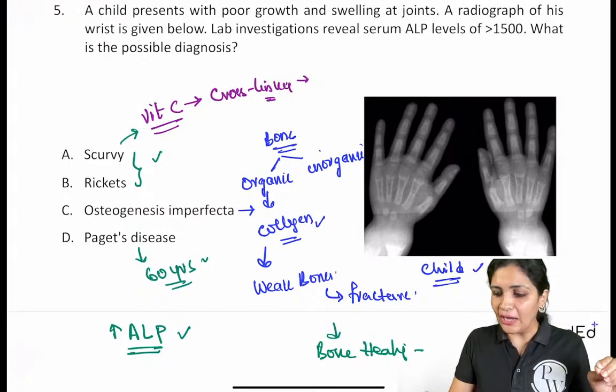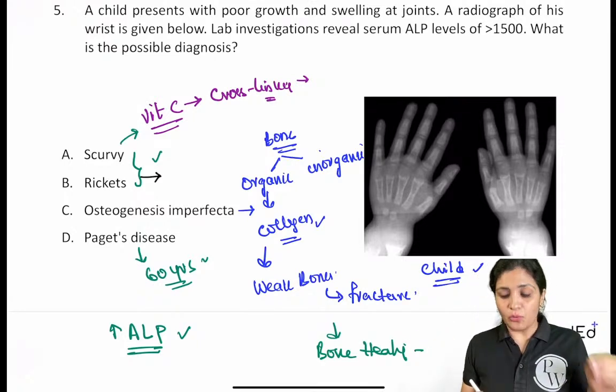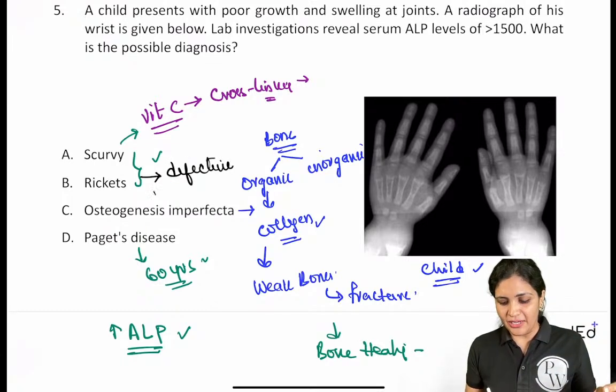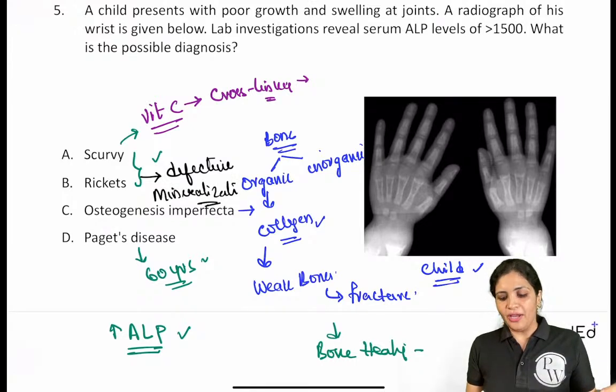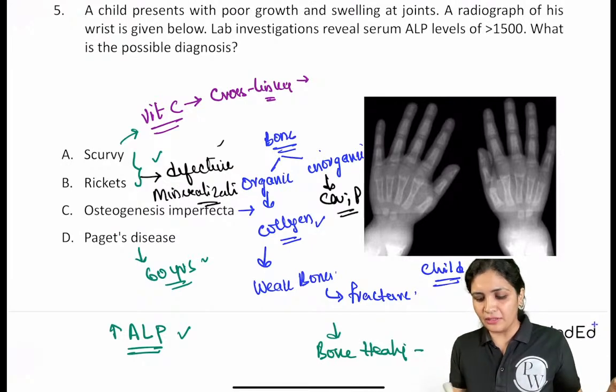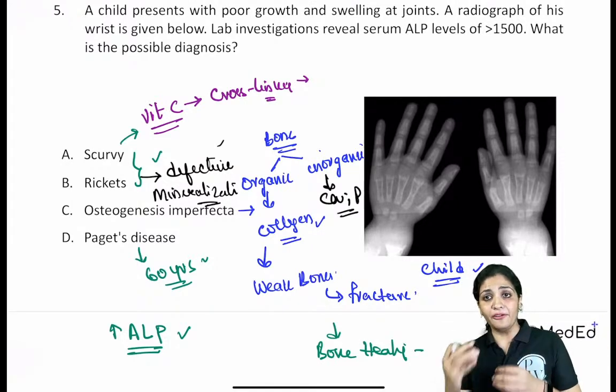And we are left with our own important topic, rickets. What is rickets? Rickets is a defective mineralization of the bone, which is the inorganic part. Calcium and phosphorus are the two important minerals required for bone mineralization. Not to forget, vitamin D is the transporter of calcium and phosphorus to the bone.